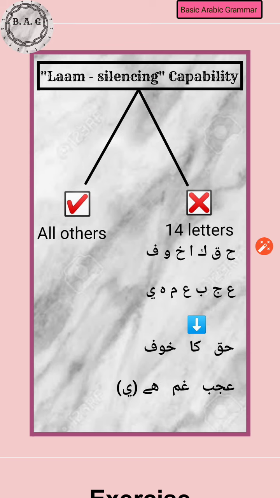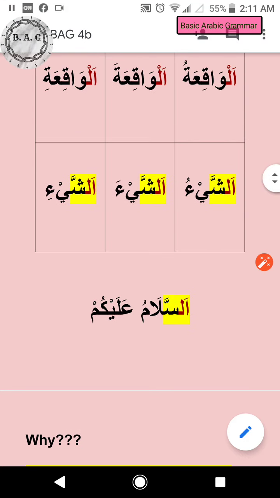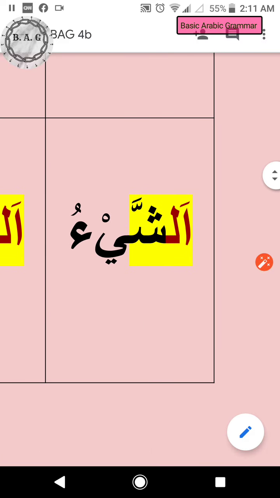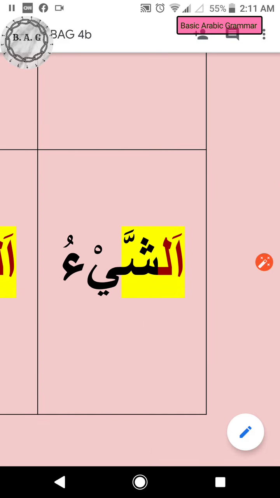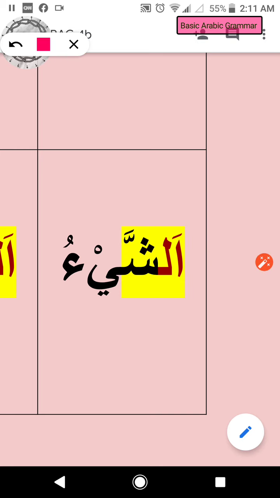All right, so we are done with this lesson, and so we know why this happened here, because the word shay'un begins with sheen, and sheen is not present in the mnemonic that we have just learned, which is haq ka khaf ajab gham hai.